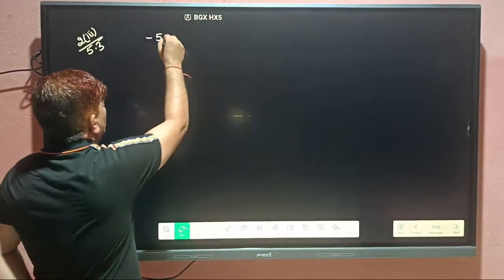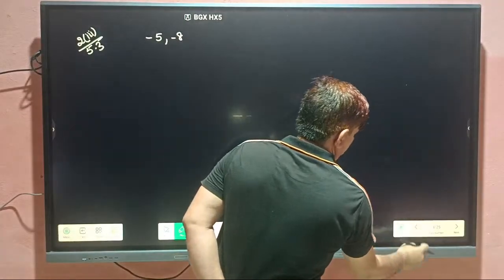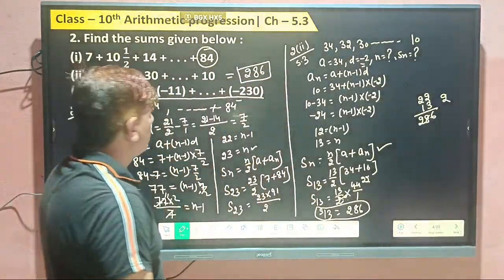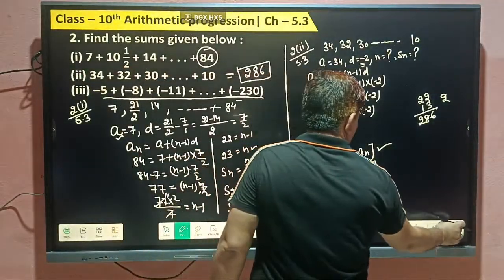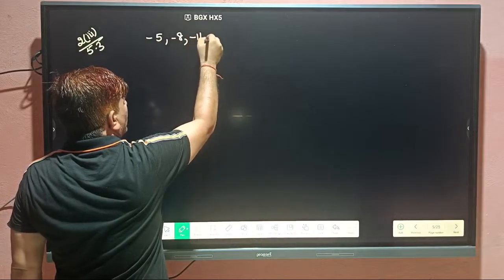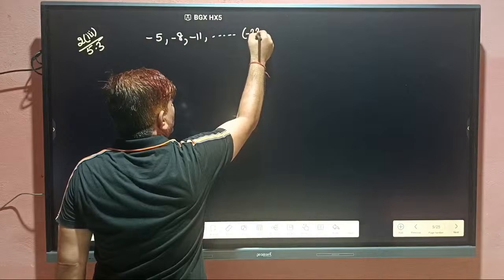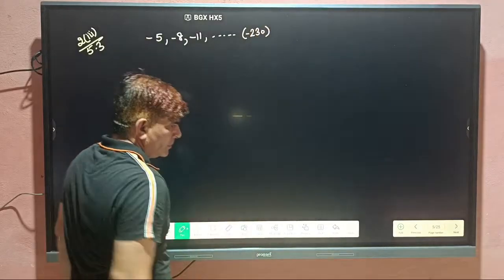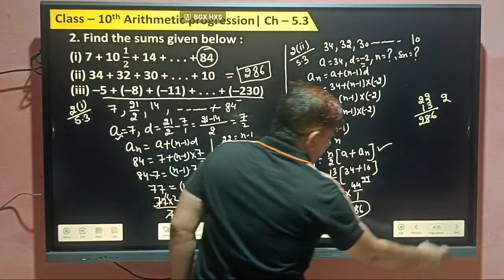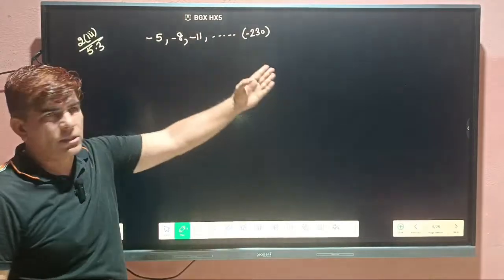What's given? Minus 5, minus 8, minus 11, and in this way it continues like this up to minus 230. You have to find the sum of these terms.